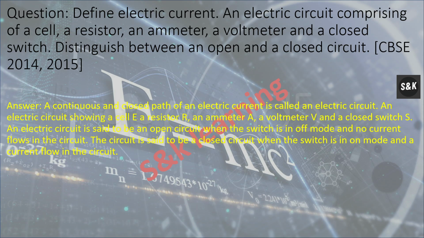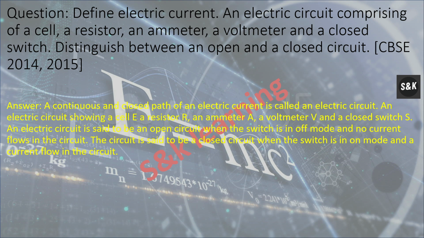Define electric current. An electric circuit comprising of a cell, a resistor, an ammeter, a voltmeter, and a closed switch. Distinguish between an open and a closed circuit. A continuous and closed path of an electric current is called an electric circuit.